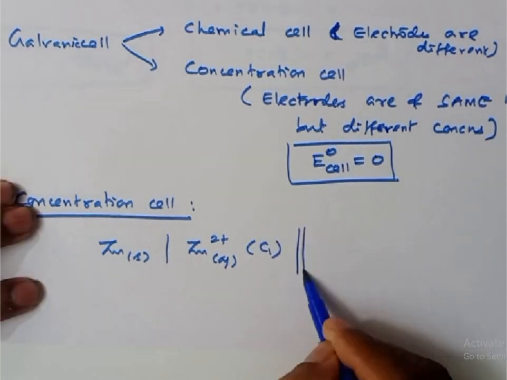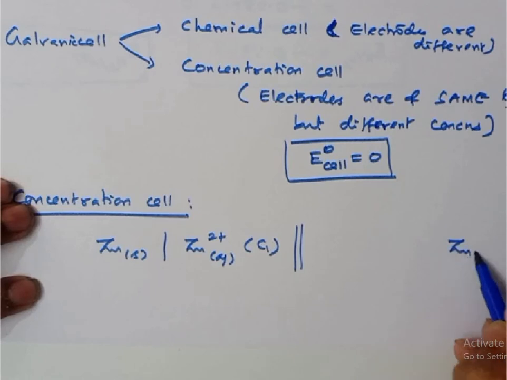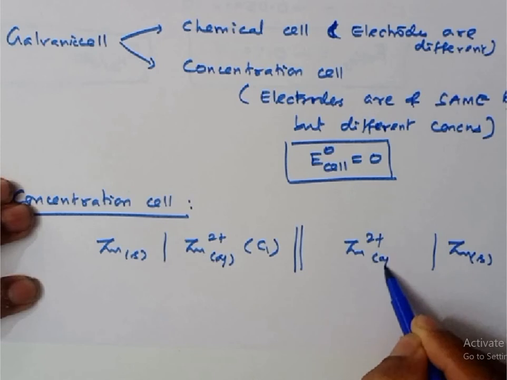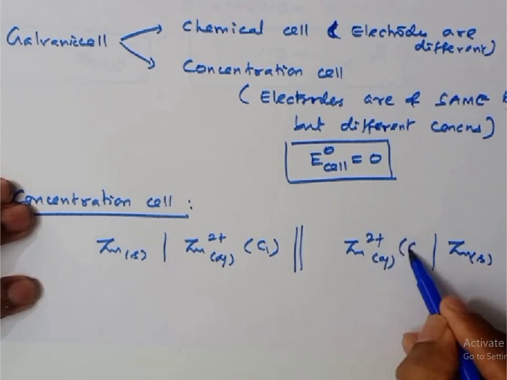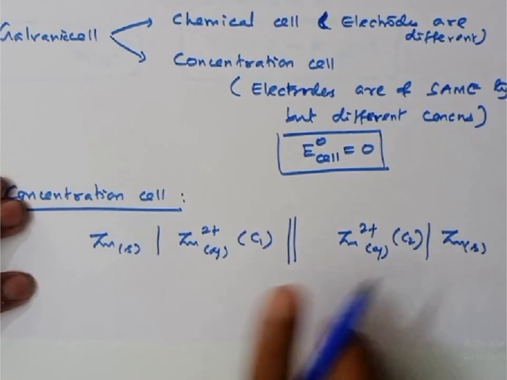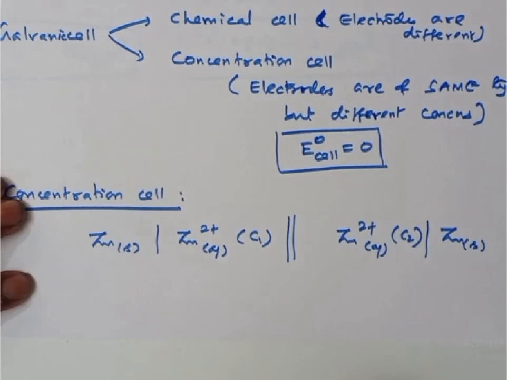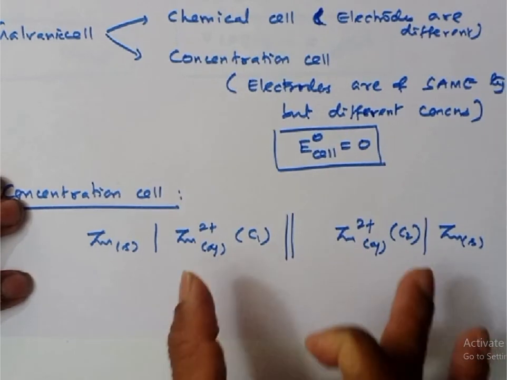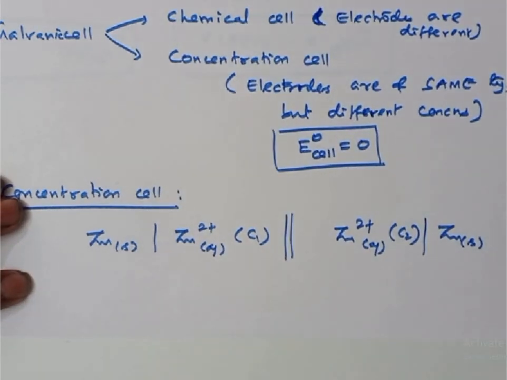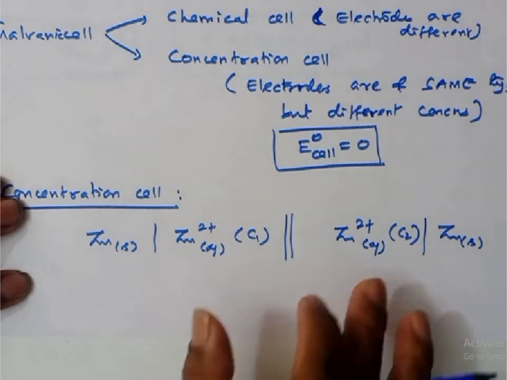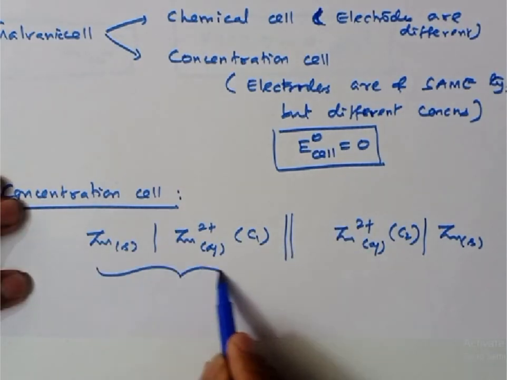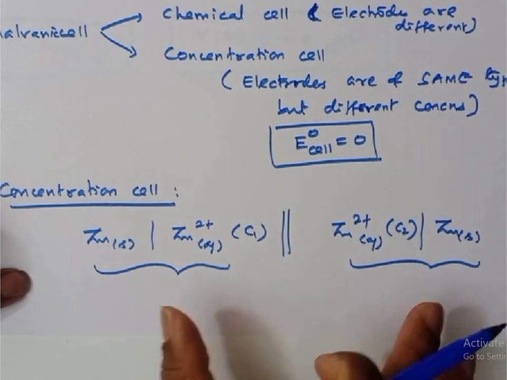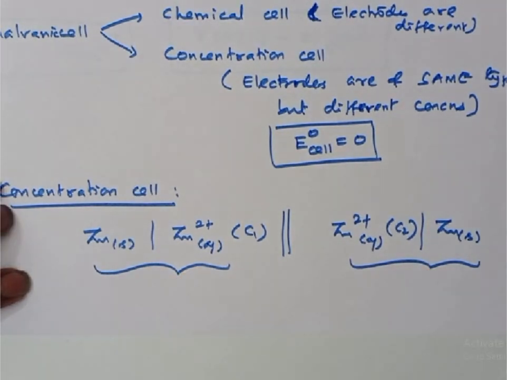Then this is my anode, and in the cathode I'll take zinc rod immersed in the same zinc ion solution, but the concentration is C2 here. C1 and C2 are not equal. If C1 and C2 are not equal, then you will get some potential for the cell, and this cell is called the concentration cell. Why? Because anode and cathode have the same species. So this is an example for concentration cell.